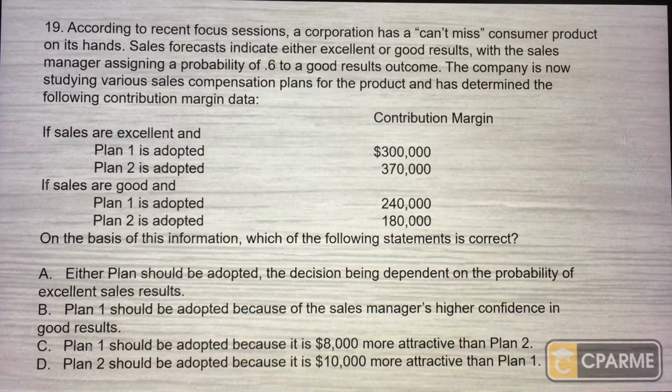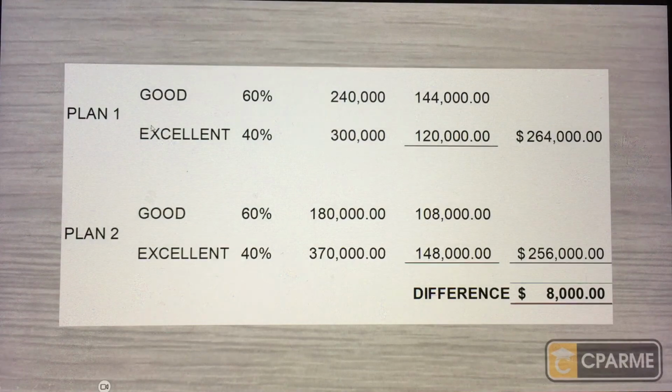So when solving this type of problem, I presented this simple calculation so that you could better understand yung concept ng expected value. Here, under plan 1 and then plan 2, is good and then excellent, and then ito yung contribution margin niya and the payoff. Good 60% and then 40%, then 240, 300, 180, 370.